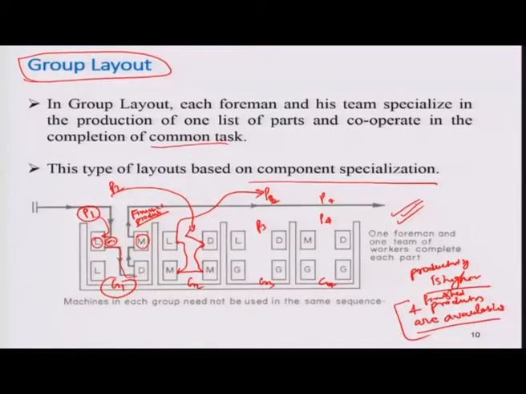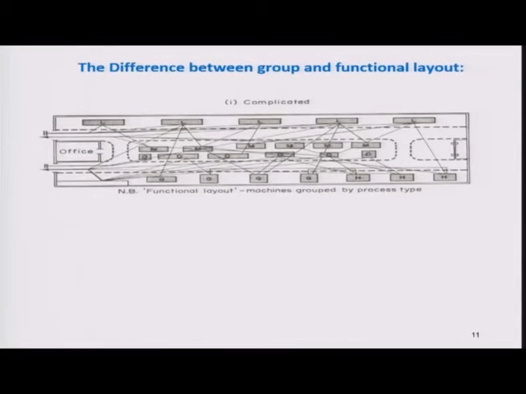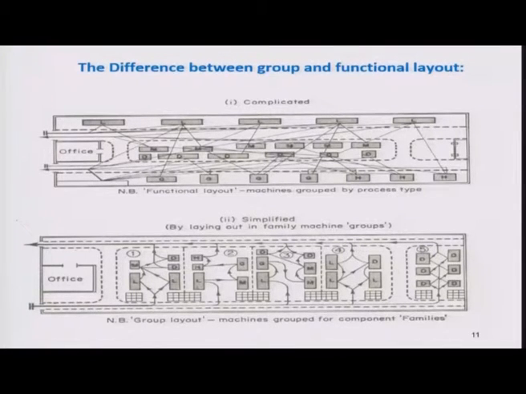So what I am showing you is the difference between group and functional layout. This layout is called functional layout. In this operation you can see this is the office, here material enters, and there are a lot of machines available: lathe machine, milling machine, drilling machine.